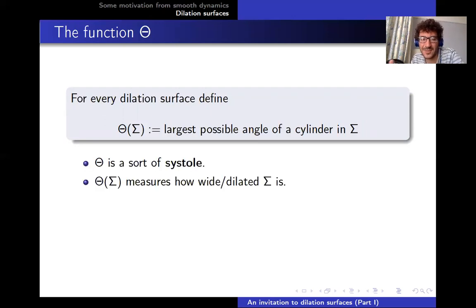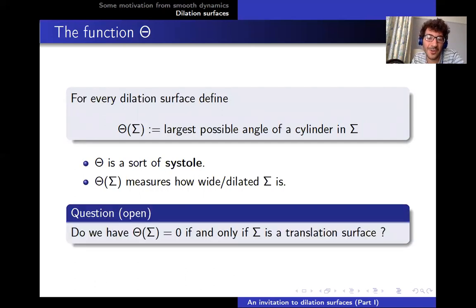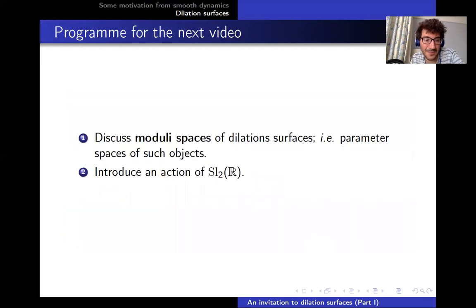For those who know of the systole in Riemannian geometry, it's a sort of systole for affine stuff, which gives a measure of how dilated you are. So another question, which is completely related to the one I just mentioned, is: does theta sigma equal 0 imply that sigma is a translation surface? Again, I would like to believe that is the case, but it's still open.